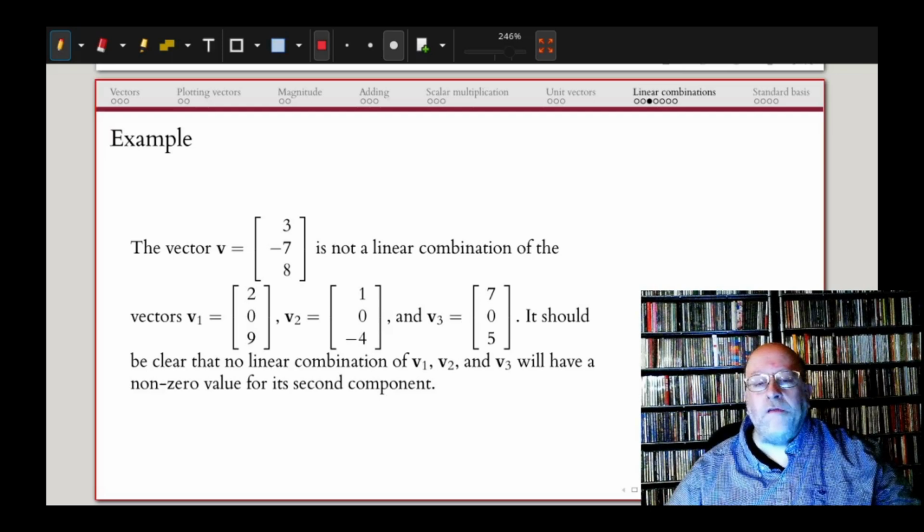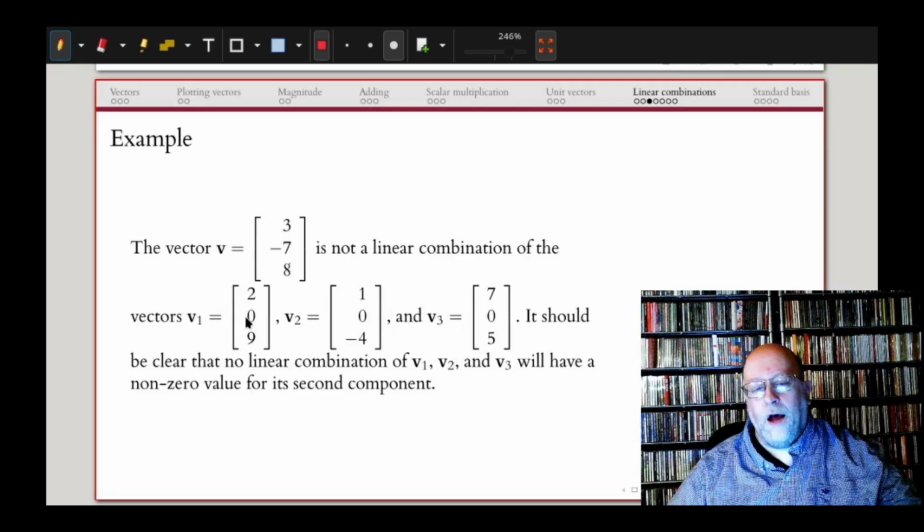Sometimes this process can't work. I cannot build the vector 3, negative 7, 8 as a combination of the three vectors shown here. These three vectors, no matter how we combine them, we're always going to get a 0 for the middle component. Any number times 0 is 0, and any sum of zeros is going to be a 0.